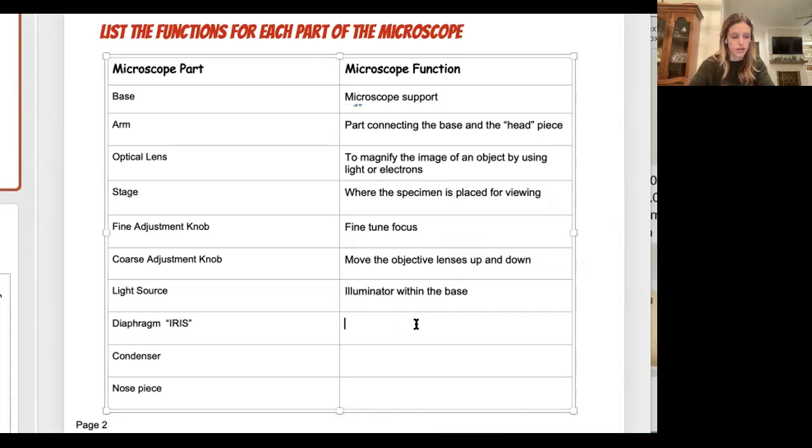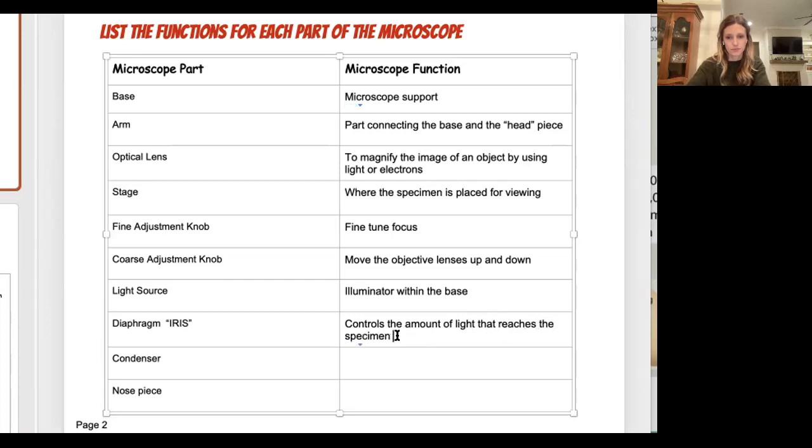It's just another word for it. It controls the amount of light that reaches the specimen. The condenser is the lens that collects and focuses the light. And then the nose piece holds the objective lens. Okay, so that is page 1 and 2 of the interactive notebook.